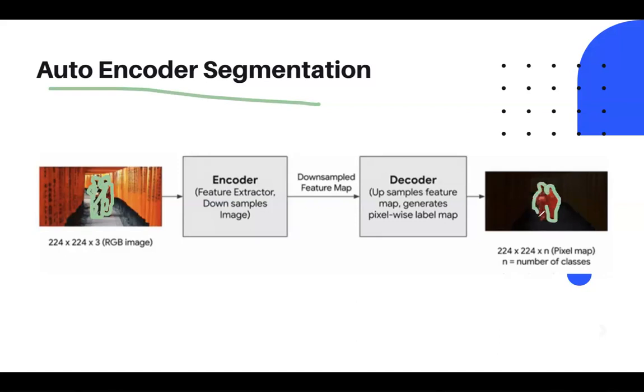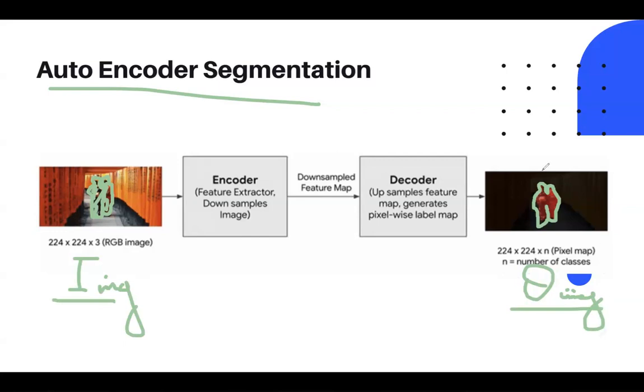And remember, what autoencoders do is they take in an input image and they try to generate an output image. So they take in an image and give you out an image. So instead of predicting the same input and same output, now we're just changing it. This is the input image, and this is the pixel map.